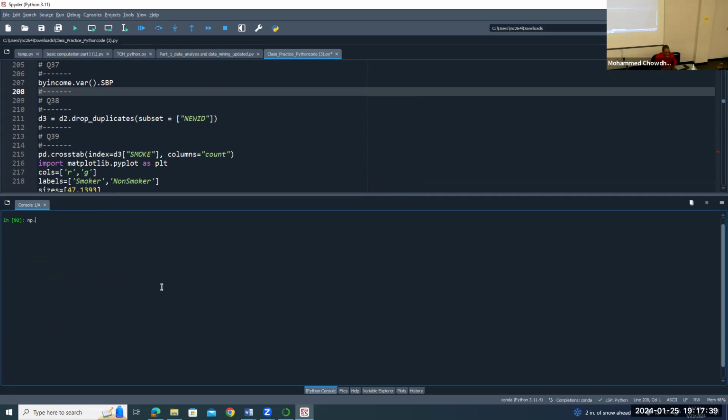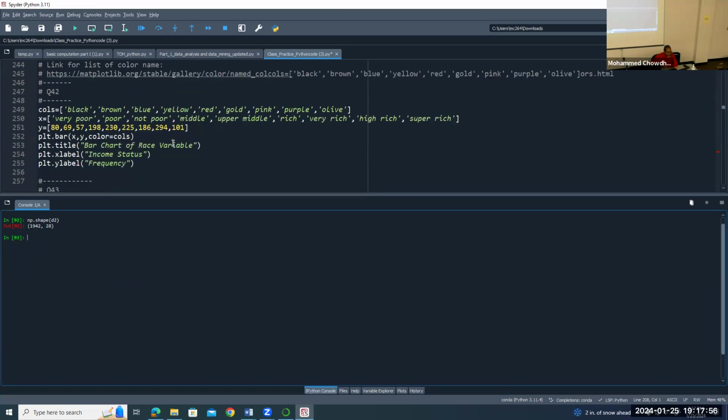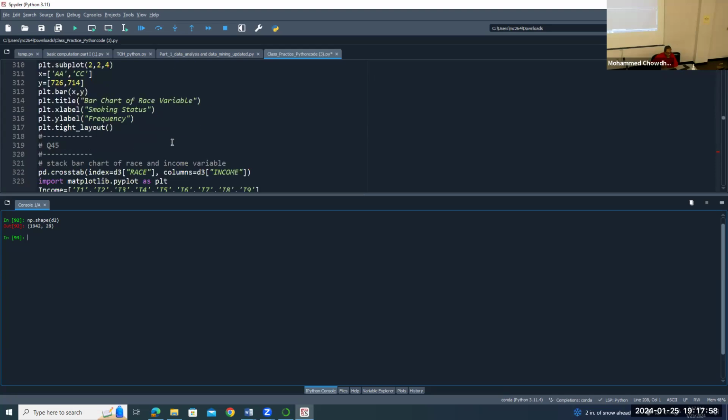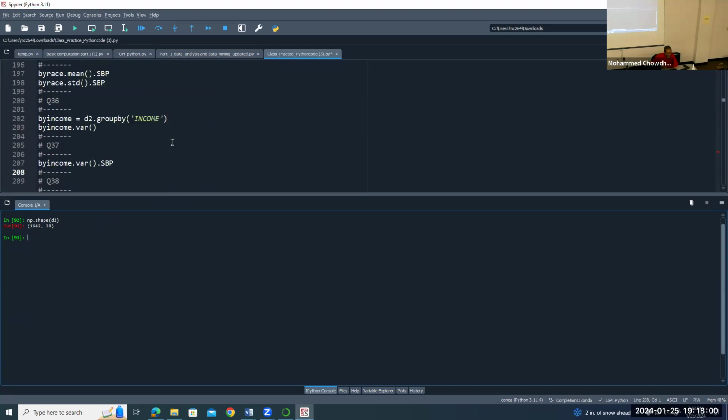NP dot shape dot D2. Let me go to the D2 data again. No, I have to go up.